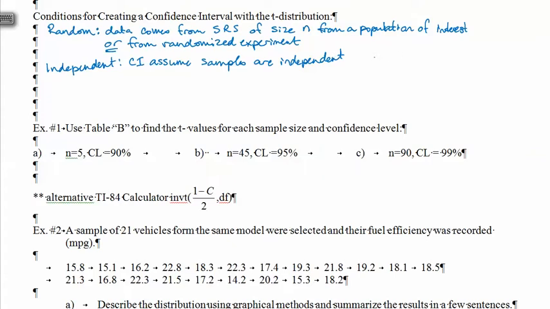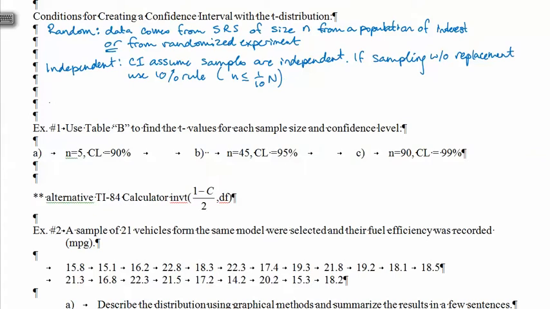So if sampling without replacement, you of course have to look at the 1/10 rule, or 10% rule. So n must be less than or equal to 1/10 of the population size.